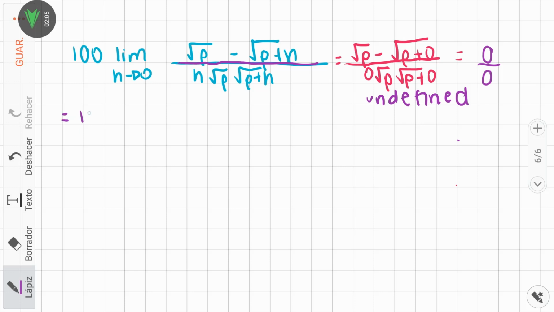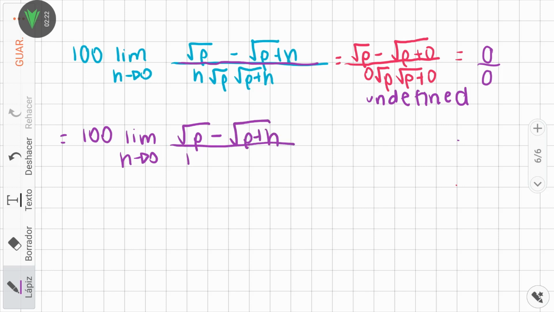So that'll be 100 times the limit as h approaches 0 of the same thing here, which is the square root of p minus the square root of p plus h, over h times the square root of p times the square root of p plus h.